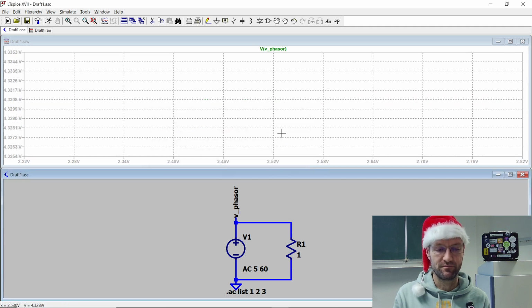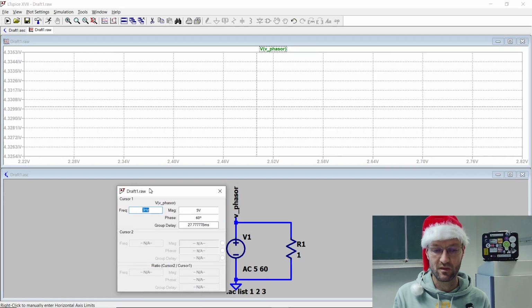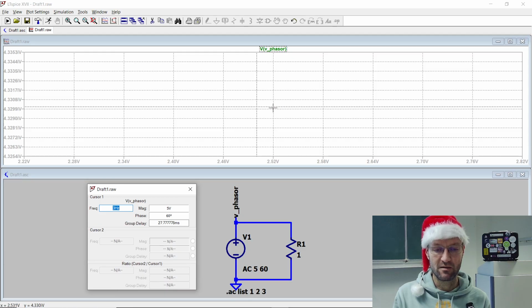And the Nyquist diagram is like a complex plane. This is the imaginary part, this is the real part. And as everything is just one point and no line, nothing is drawn, but if you click on this, you get a marker, and now we can check that the real part is quite precisely at 2.5 volts and the imaginary part is at 4.33.